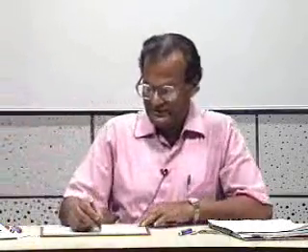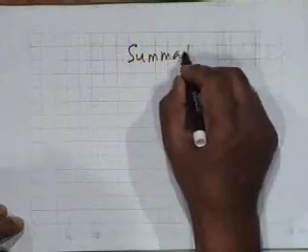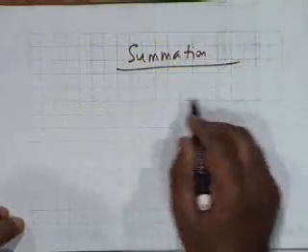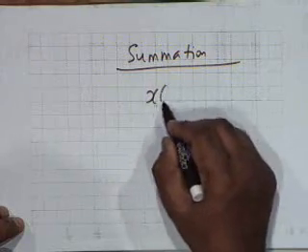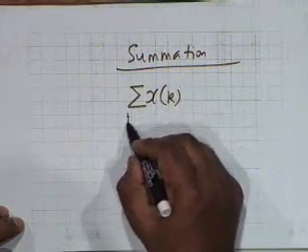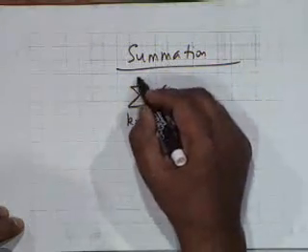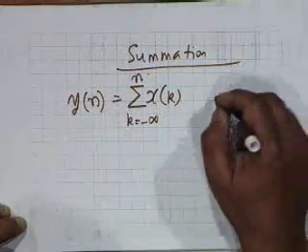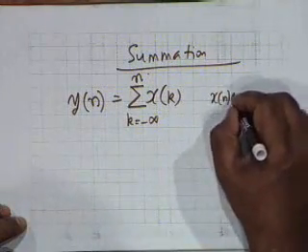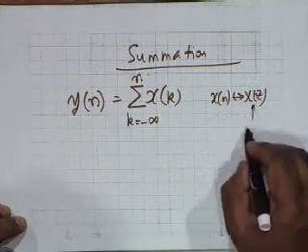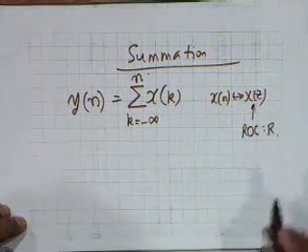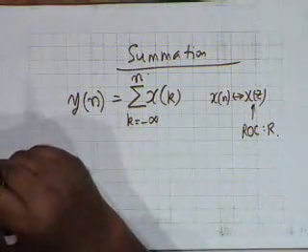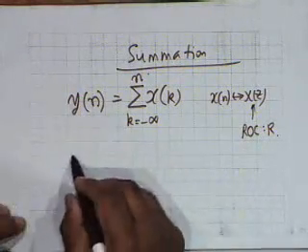Next we consider the process of summation. We have a sequence x of n and we sum it up from k equal to minus infinity to n, and we produce a new sequence y of n. x of n is the pair of capital X of Z with an ROC equal to R. We want to find out what capital Y of Z is and what its new ROC is.